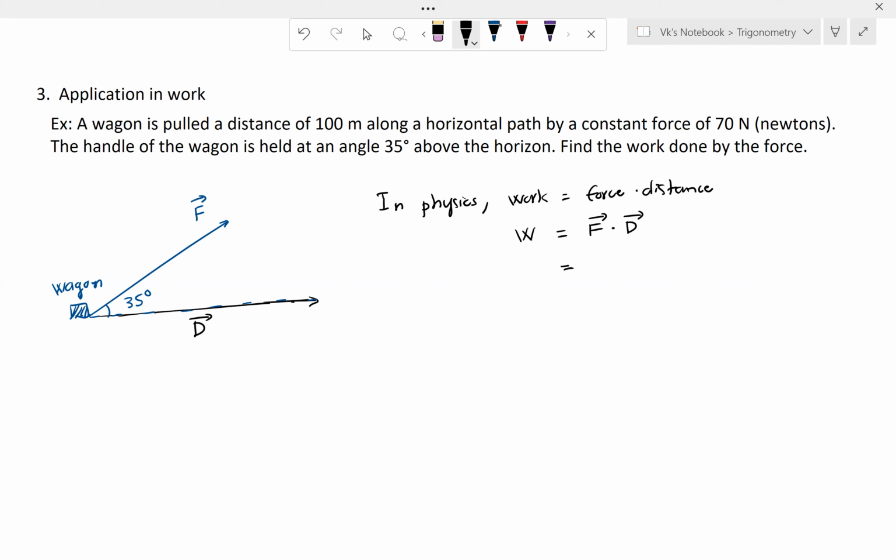Using the angle definition of the dot product, we have the magnitude of force multiplied by the magnitude of distance, cosine of the angle between the two vectors. And then from here, we get force is 70 Newtons, distance is 100 meters, the angle is 35, so cosine of 35 degrees. And this gives us approximately 5734 joules. J stands for joule.